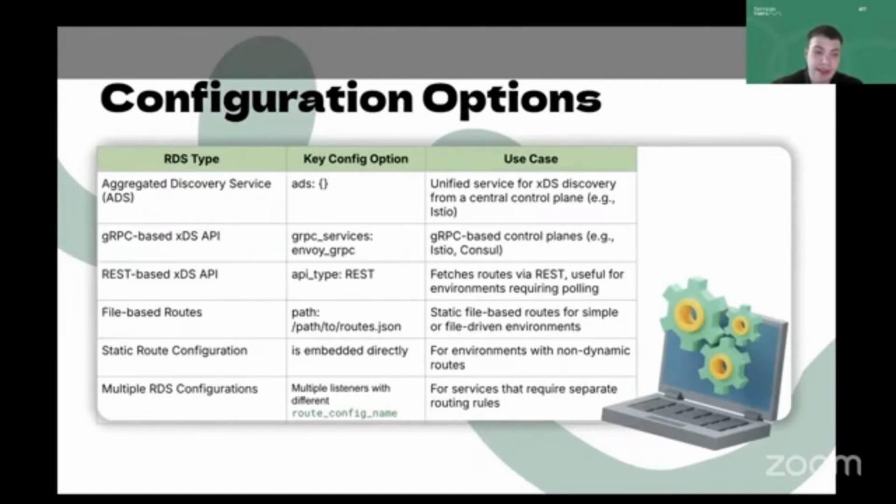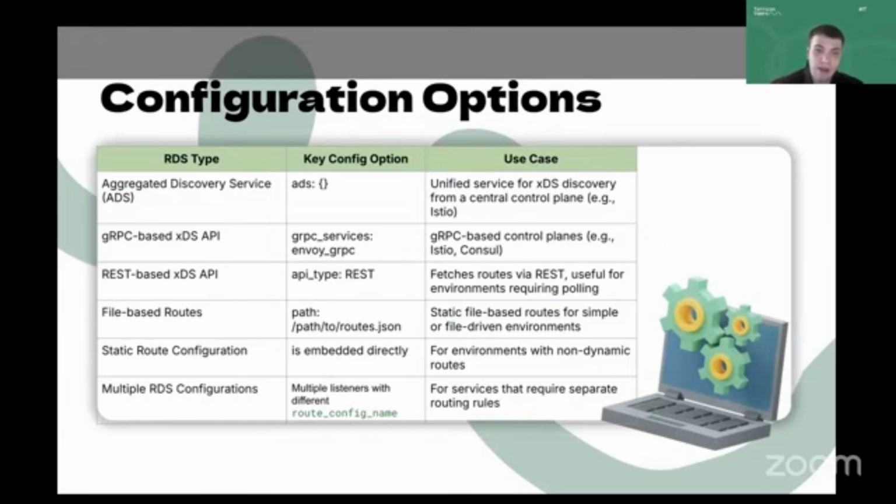So you might ask how to configure the dynamic routing using Envoy proxy. And the answer is dynamic routing can be configured in many various ways, depending on the needs of your system, whether it is a gRPC or REST-based control plane in your cluster, or it's a file-based configuration, or maybe you configure your proxy dynamically using ADS, which stands for aggregated discovery service.